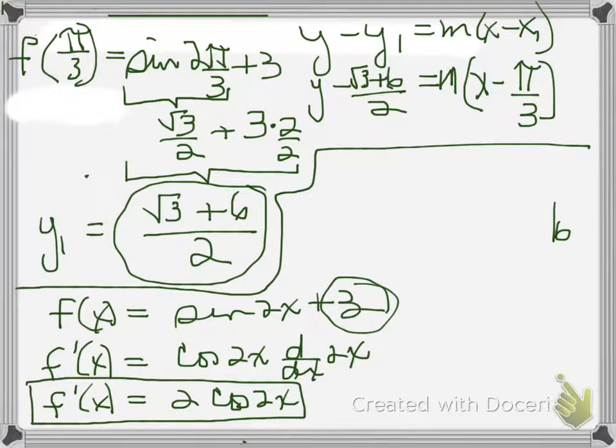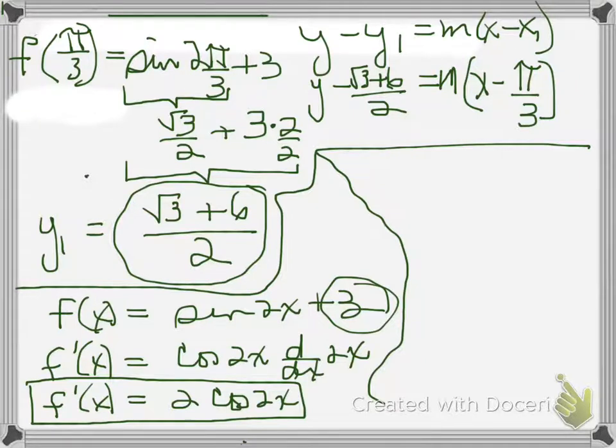So now we have to evaluate that at the angle of pi over 3 so that we can figure out a value, and that value will be our slope. Let me put another little line right here, erase this little thing, and let's do some work over here.